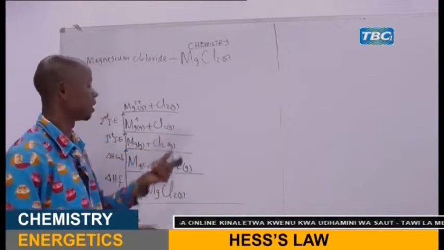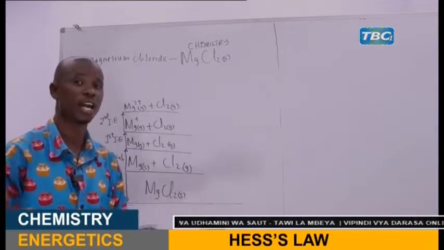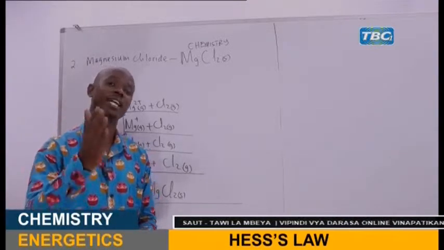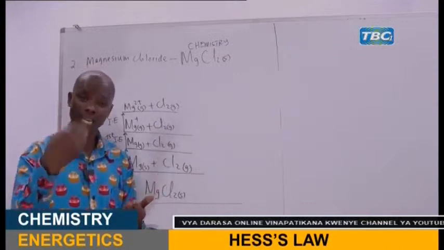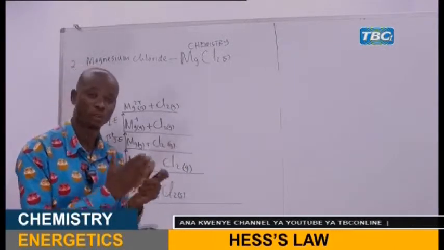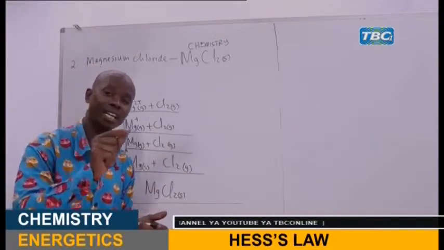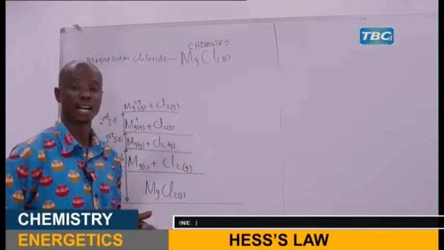Now we go to chlorine. Chlorine there is a molecule, and a molecule is unreactive. Because a non-metal gains electrons, it can't just gain electrons in the molecule form. It has to be converted into the active form, which is an atom.